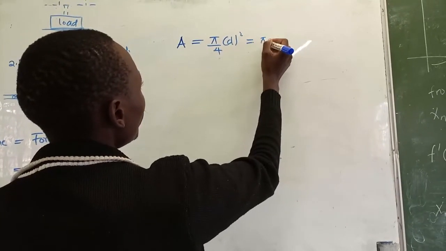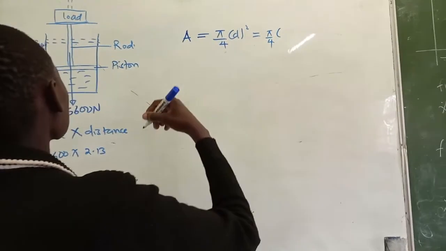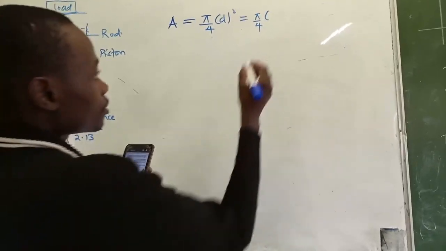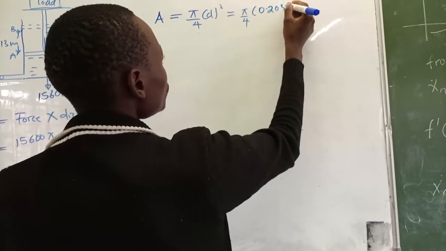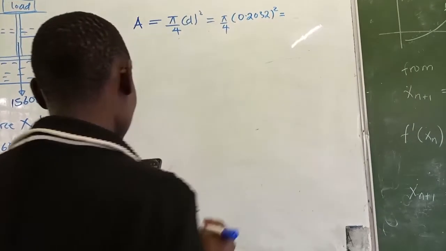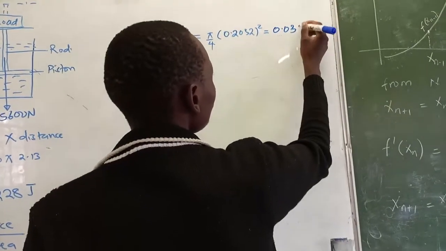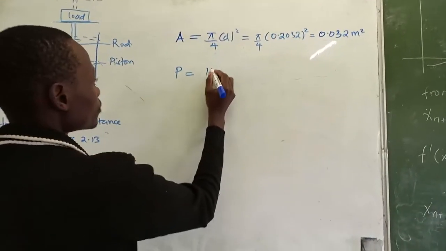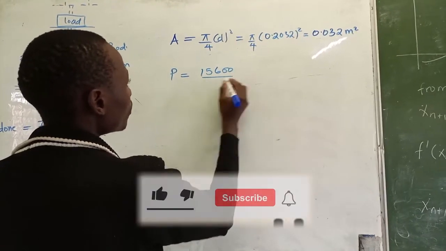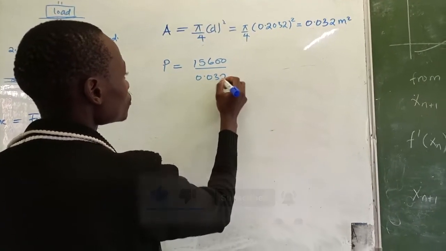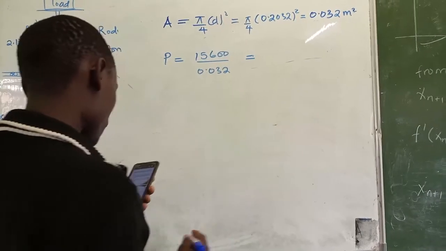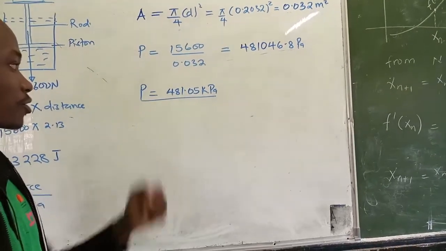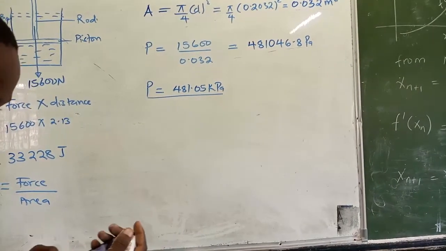So that becomes pi out of 4, and d we were given as 20.32, so 0.2032 squared, which gives us the area 0.032, and pressure becomes 15,600 out of 0.032. So the pressure required becomes, and this can be written as, 481.05 kilopascals. That is part 2.